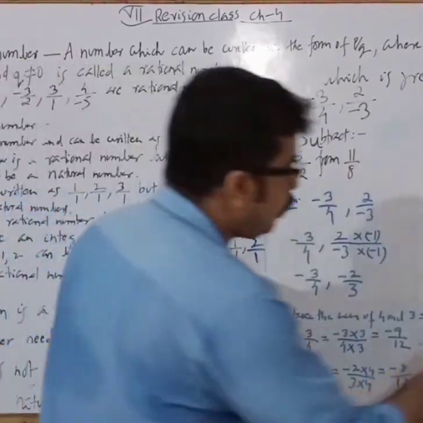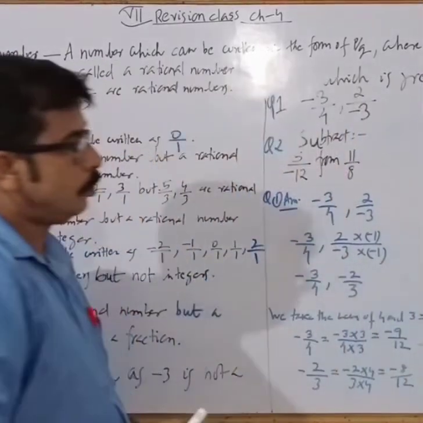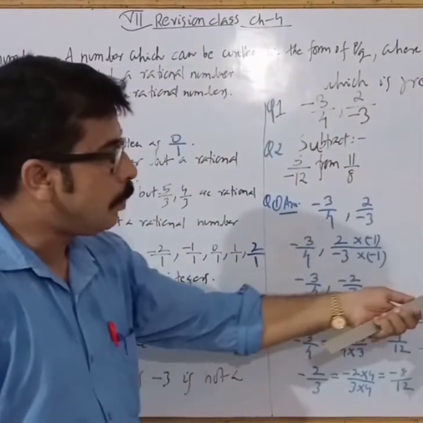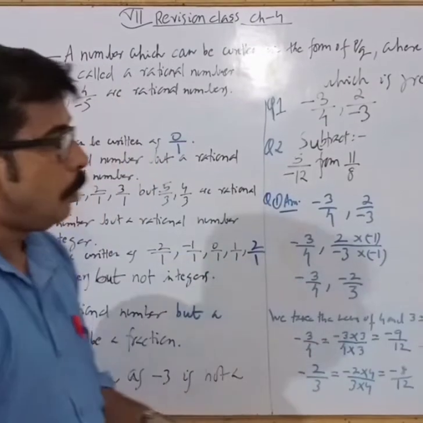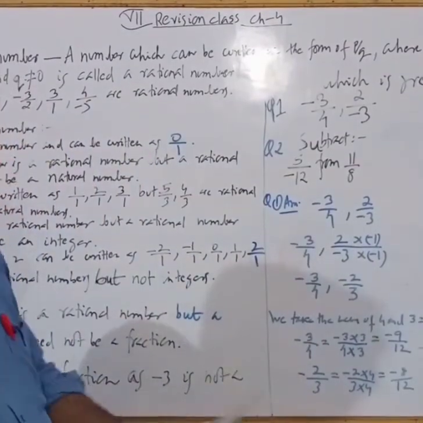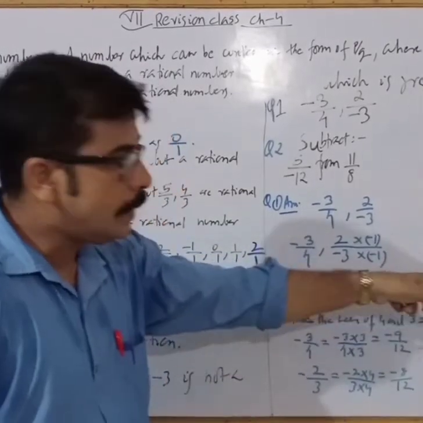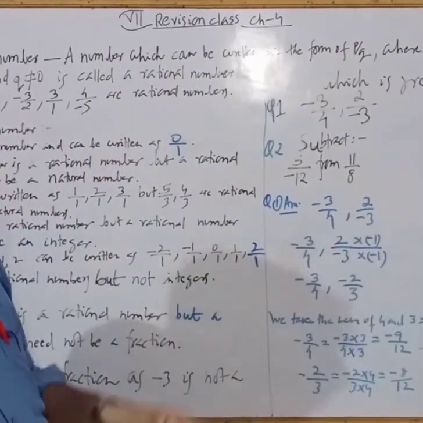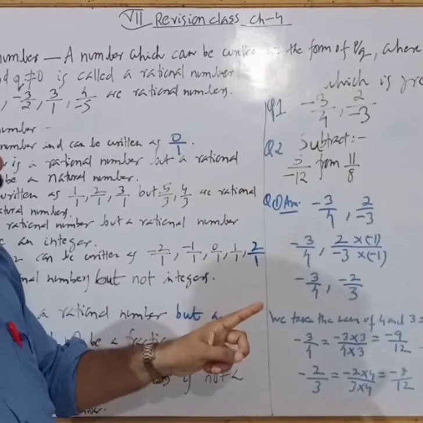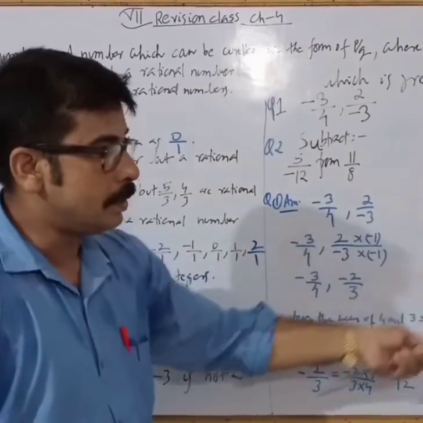How is it? Suppose the negative is not there; when we remove the negative, 9 is greater than 8. But whenever we take the negative, the reverse happens.